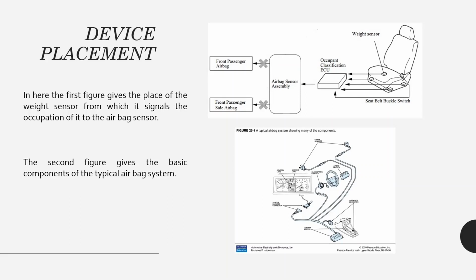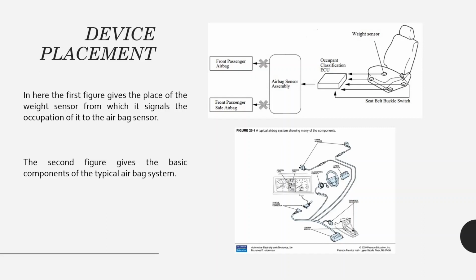The seatbelt buckle switch indicates whether the occupant has put on the seatbelt, which is important when a crash occurs, because the signal from the crash sensors as well as the signal generated due to the tension in the seat belt is taken to the airbag control unit, which will send the signal to the airbag modules so that the airbags get deployed.